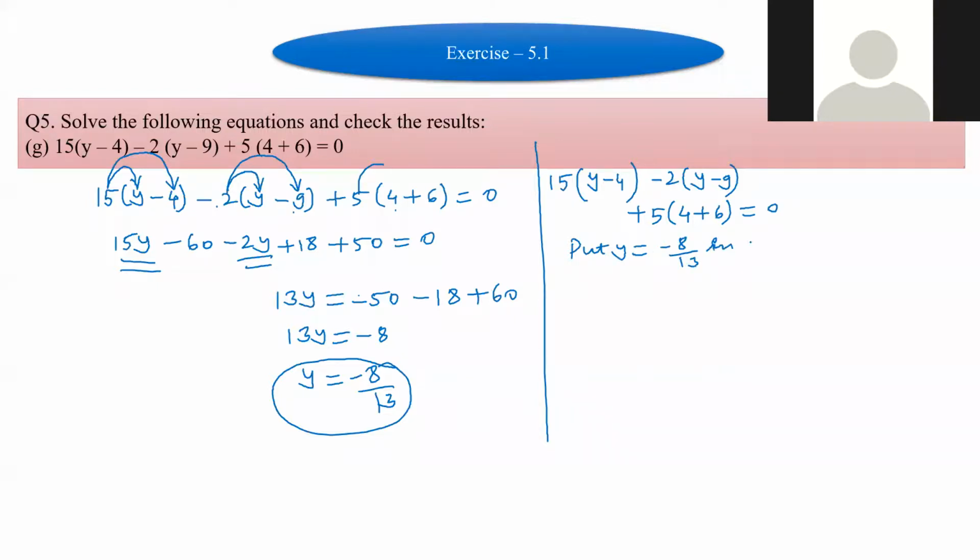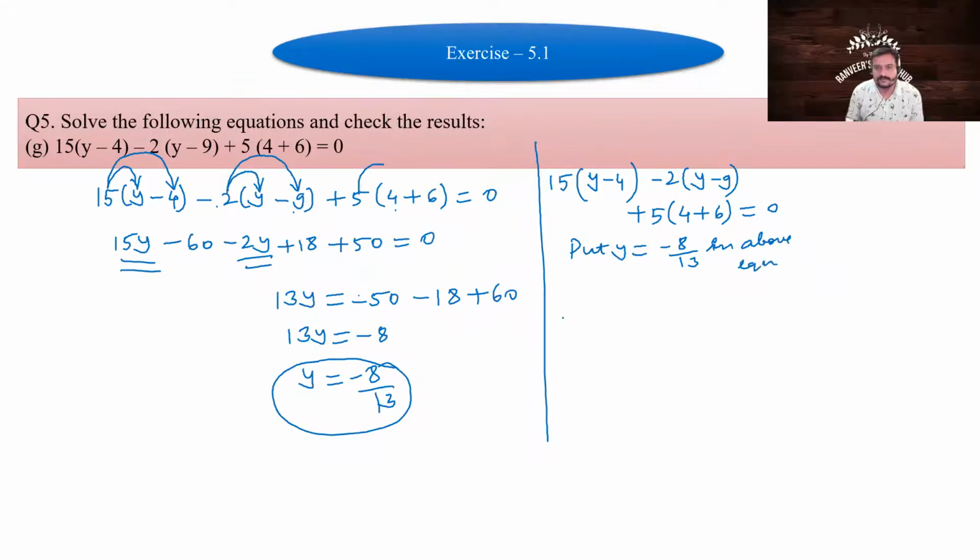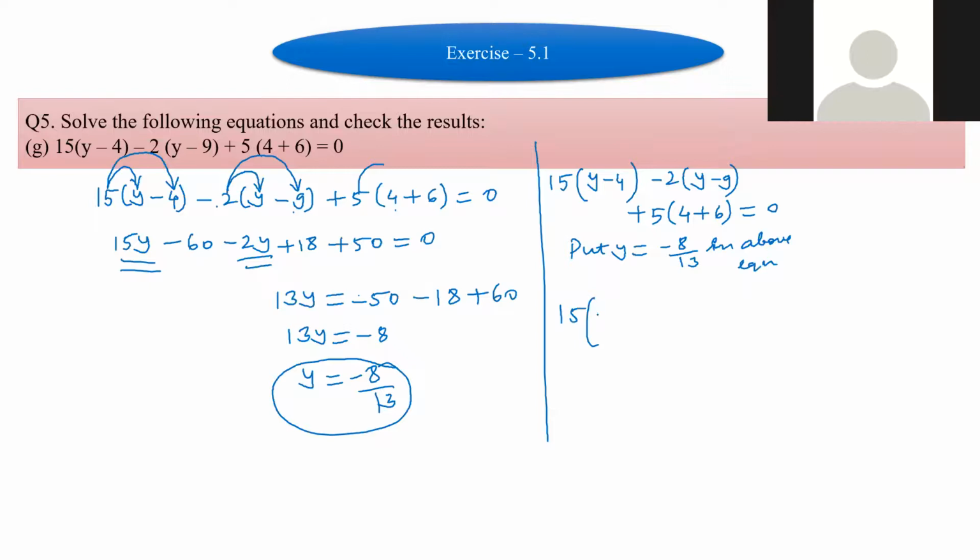15 bracket minus 8 upon 13 minus 4 minus 2 then bracket minus 8 upon 13 plus minus 9 upon 1.